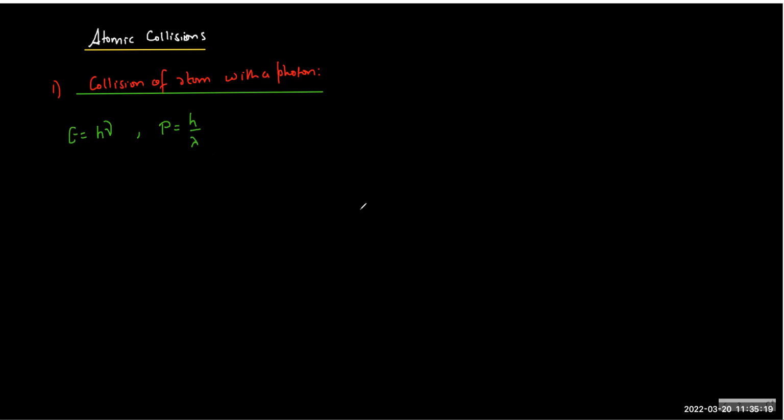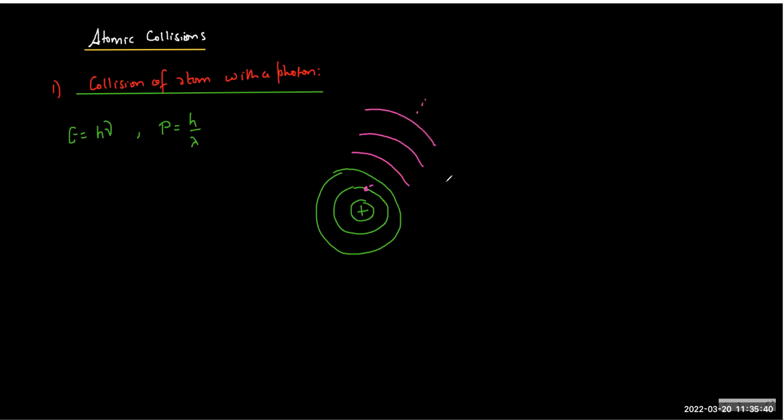So when we have an atom, and if you assume the electron to be in any particular orbit, first, second, it need not be in the ground state, it could be in any state, first excited state or second or third or fourth.